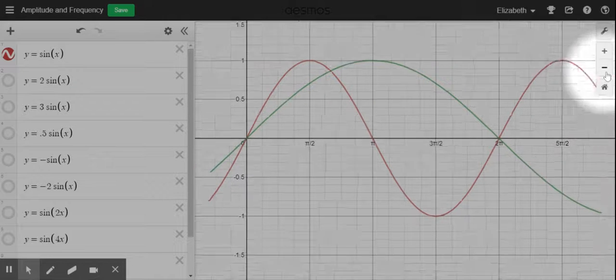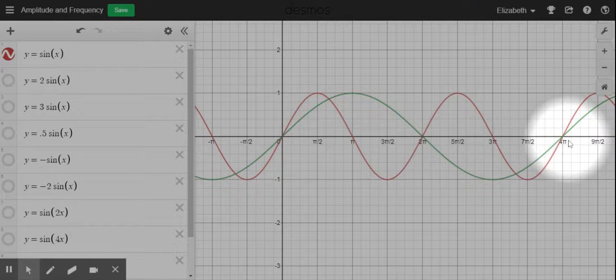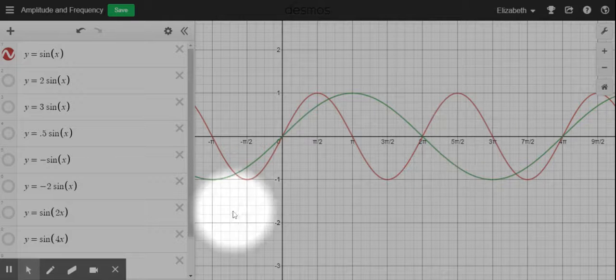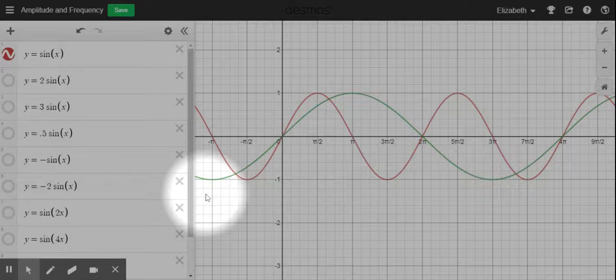In order to get a complete sine curve for that green graph, we have to go all the way out to 4 pi. It's taking it twice as long to get there. So the smaller number, less than 1, is going to stretch it out. A number bigger than 1 is going to smush it, because bigger number means it's happening more quickly. Smaller number means it's taking a long time to get there.